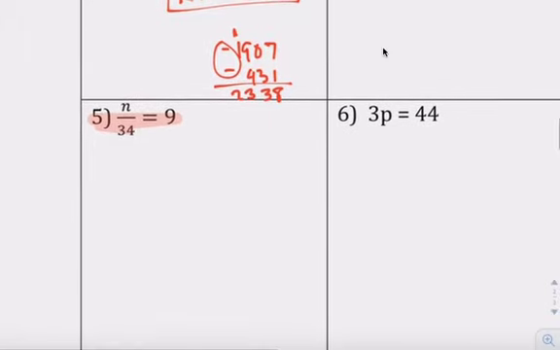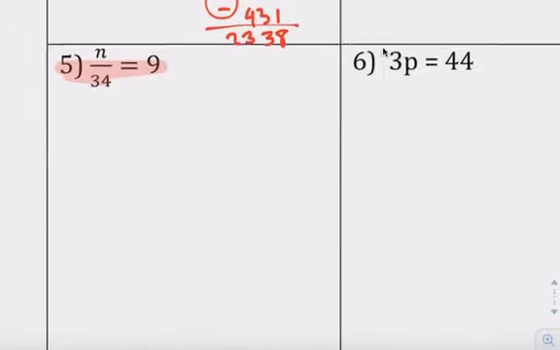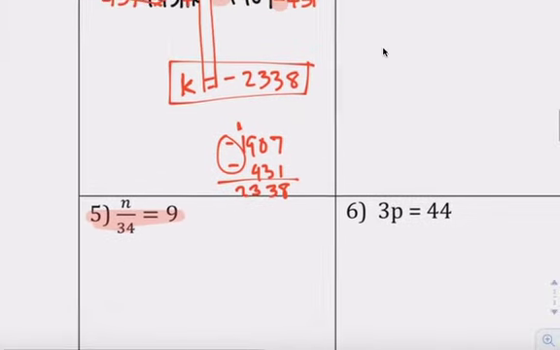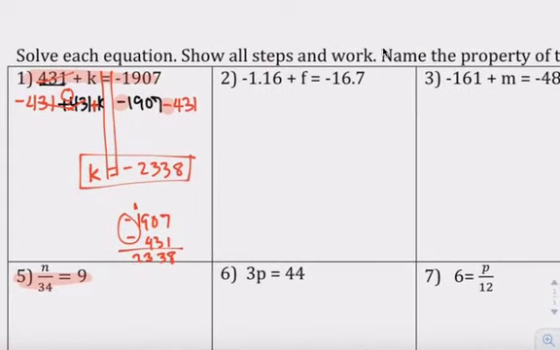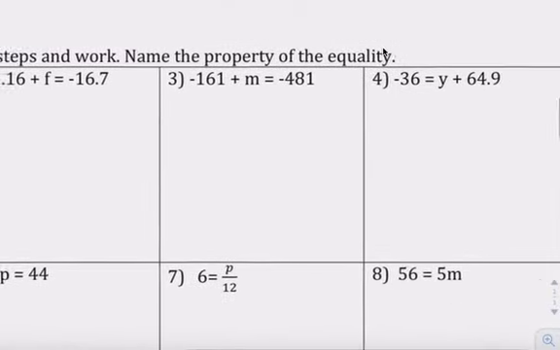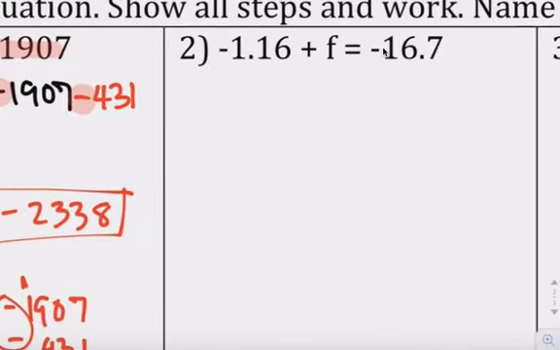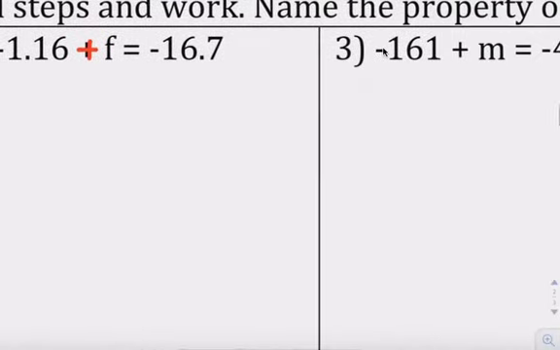Okay, now number 5. You're not going to make 0 here. You only make 0 if it's a plus or a minus. All these problems, 1, 2, 3, 4, you make 0 because it's a plus or a minus problem.